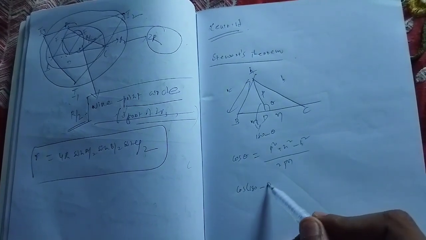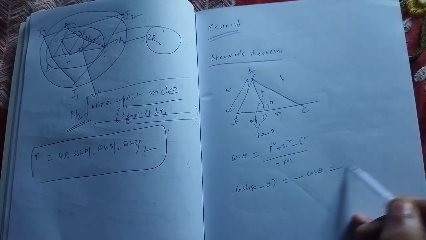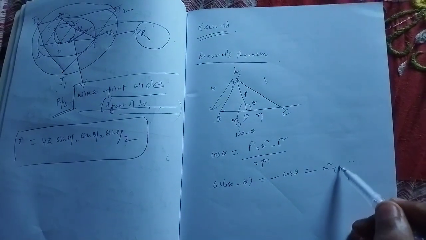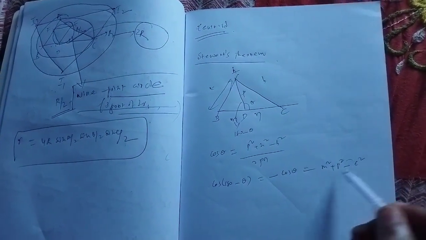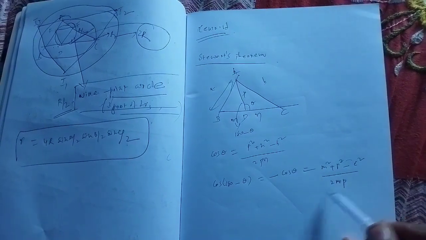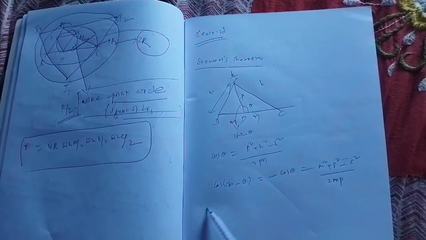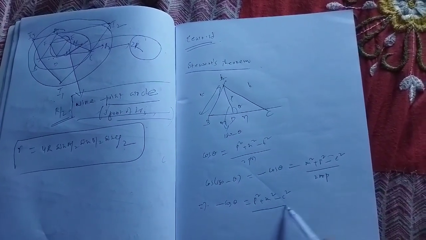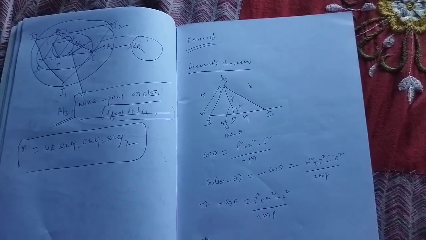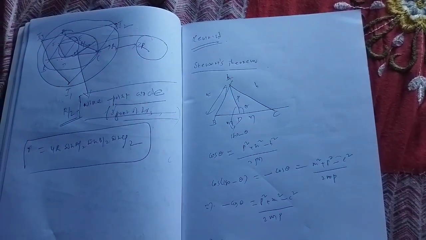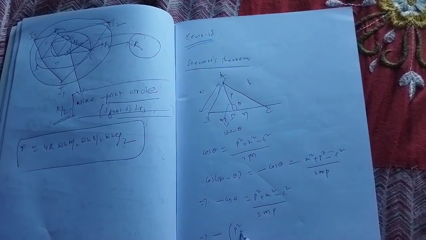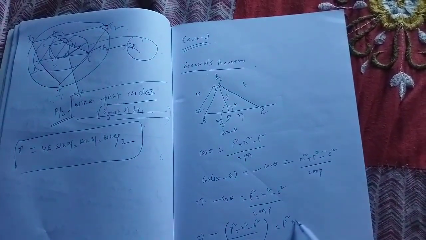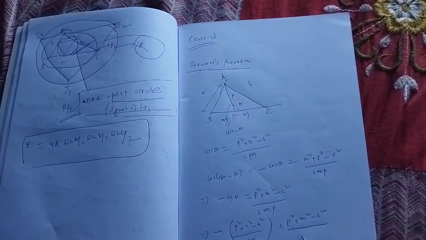Cos of 180 minus theta, which is equal to minus cos theta in triangle ABD, will be equal to m square plus p square minus c square by 2mp. Right? That implies that minus cos theta equals p square plus m square minus c square by 2mp.